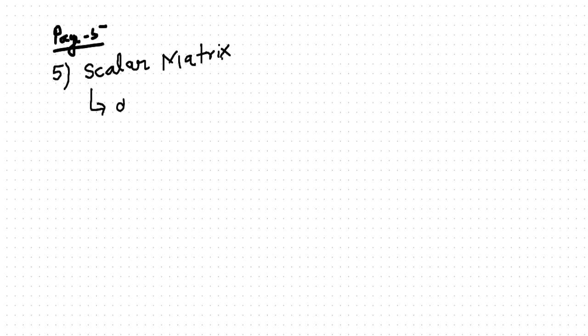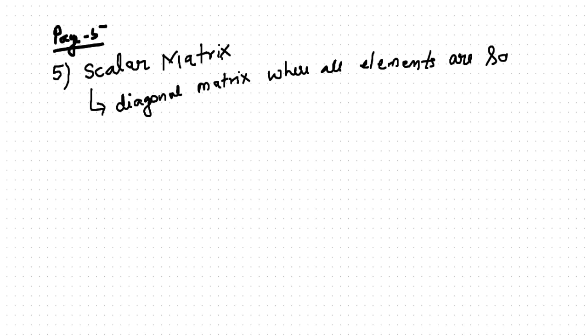A scalar matrix is a diagonal matrix where all the diagonal elements are the same. Let us see an example. Root 3, 0, 0, 0, root 3. The elements will be the same.